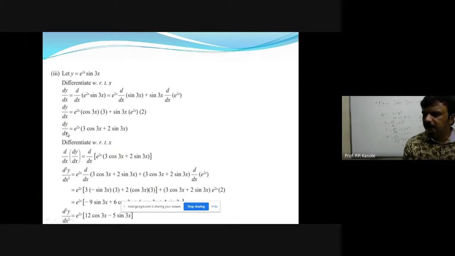First derivative, dy by dx, is equal to e raised to 2x into the bracket 3 cos 3x plus 2 sin 3x. The question is, can we differentiate it again? Yes, of course we can differentiate it again using the product rule only.